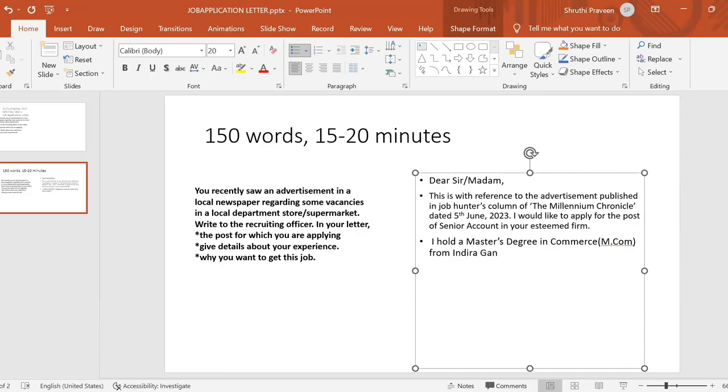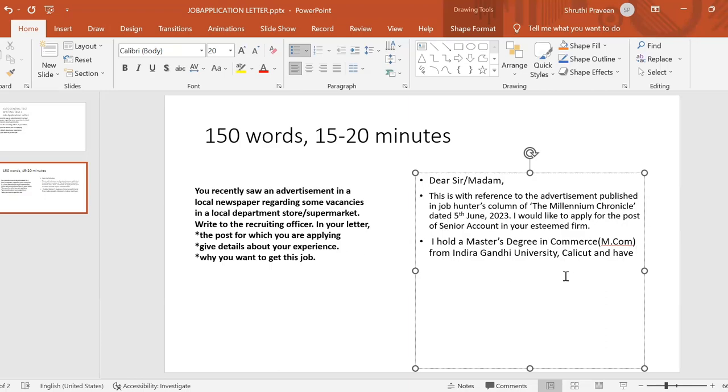Indira Gandhi University, Calicut, and have more than 6 years of experience. You can also mention your experience as well as the details of the experience.